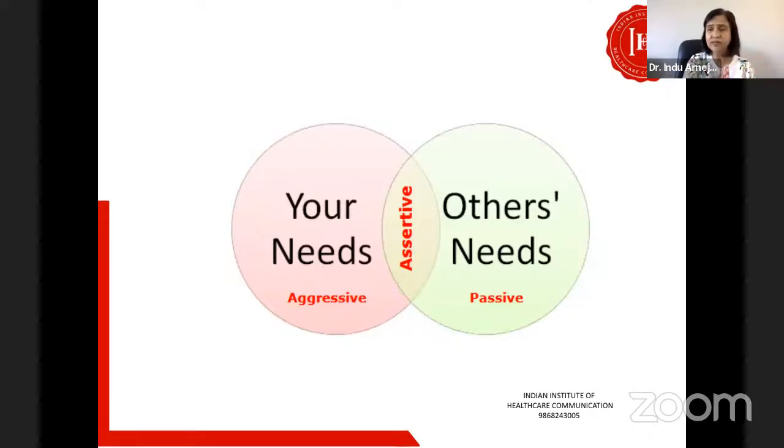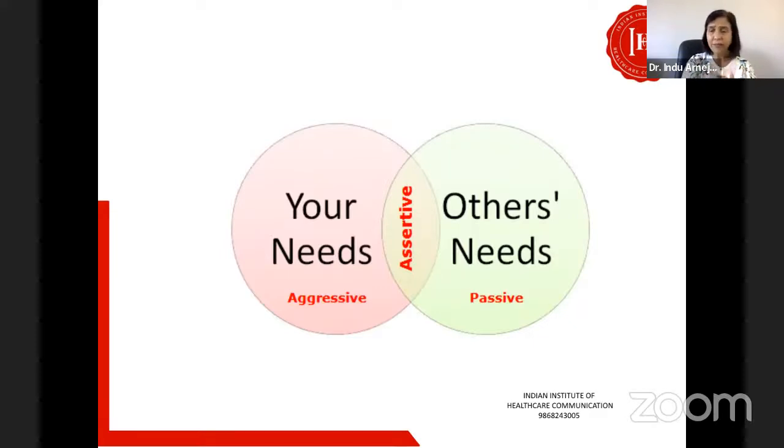And that's what we see in the healthcare system. You will see people who are in a position where they can use their aggression to control others. So they will just be very demanding and ordering, authoritative, dictating others to follow their instruction. You will also see people in healthcare who just quietly follow others' instructions, not saying anything, not giving their viewpoint, not sharing their thoughts.